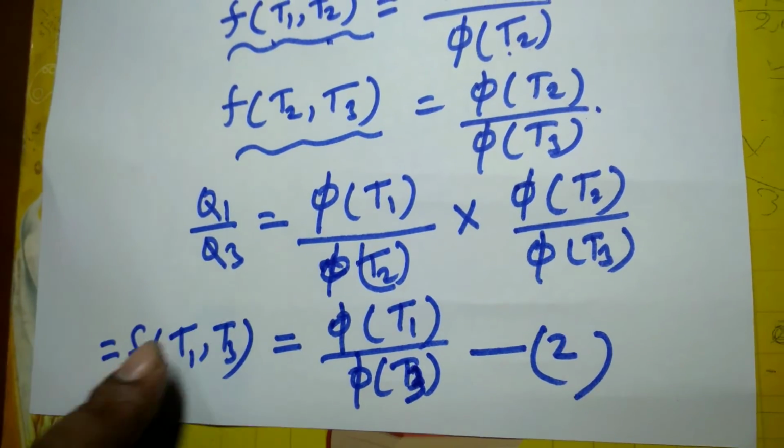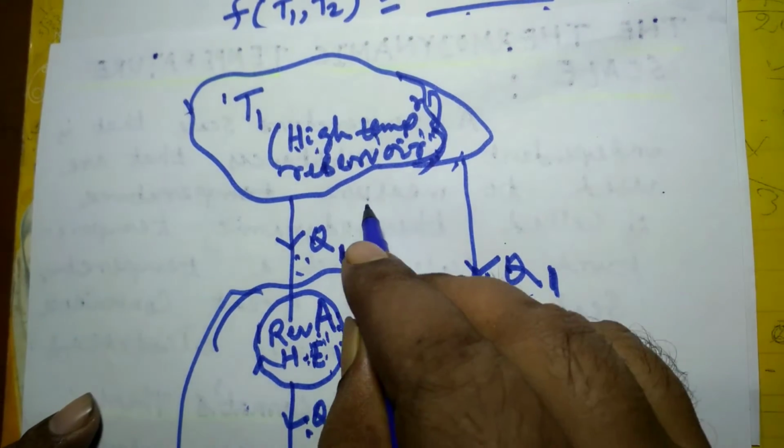Q1 by Q3 is nothing but, Q1 is QH, I can say.